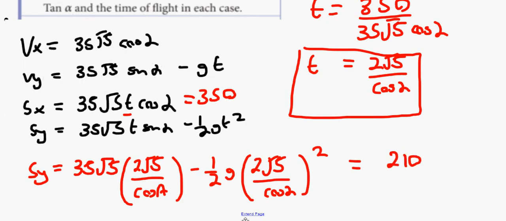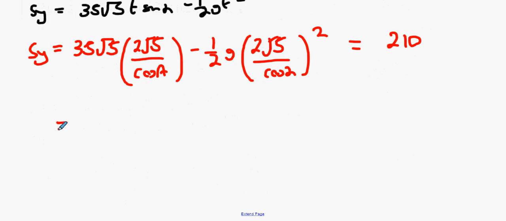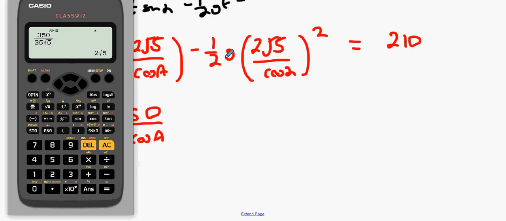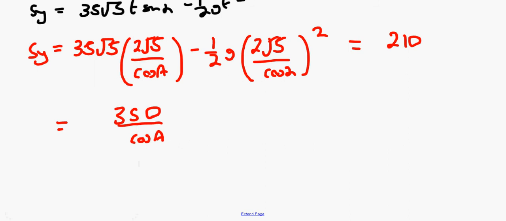Alright, let's figure out where we're going from here. 35 root 5, that's 70 times 5. I think it's 350 over cos A. Keep a close eye on it, please, and just check as we go along. Now, I'm going to change a half g into 4.9. Yeah, I made a mistake, right? Where is it? Oh, the sine A. Yeah, thank you.